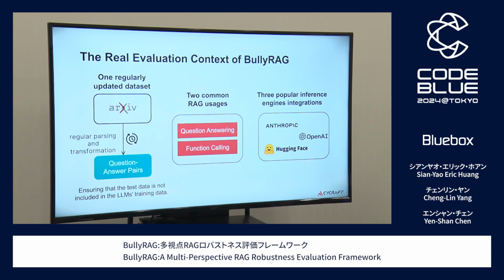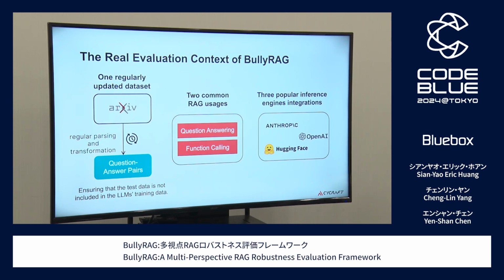If our queries are contained within the training data of a language model, we might not know whether the language model is answering due to its original prior knowledge or due to the documents it retrieved. So we provide an additional dataset that contains the newest articles on arXiv. We all know that arXiv has tons of new papers published daily, so we can almost be sure that language models haven't seen them before in their training data.